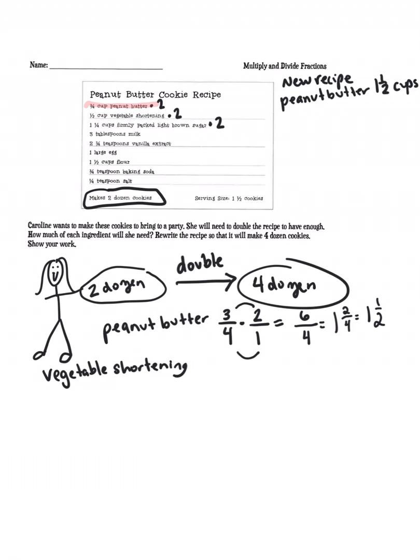So she's going to need 1/2 of a cup of shortening, and then we're going to multiply that times 2 to double it. 1 times 2 is 2, and 2 times 1 is 2, so, of course, I could have done that in my head. That's 1 cup of shortening.